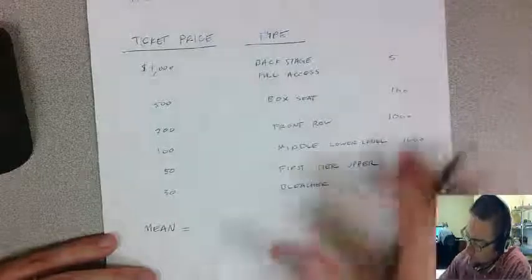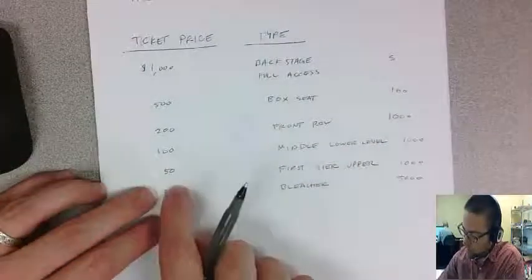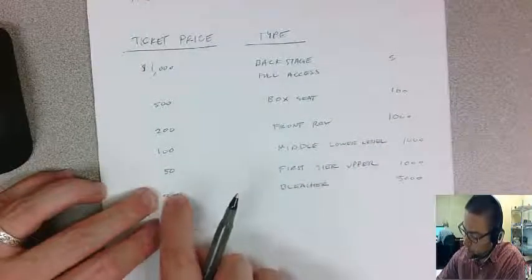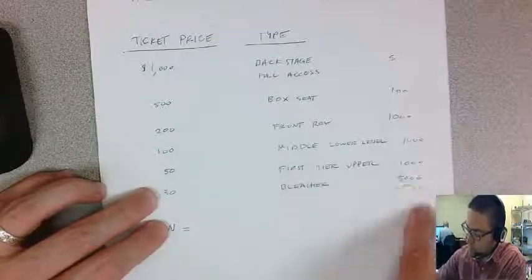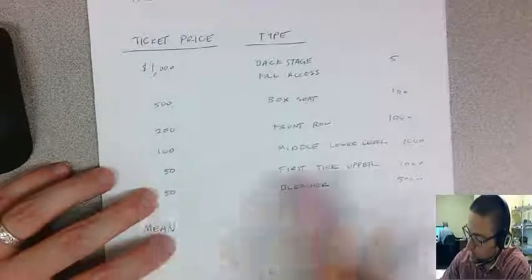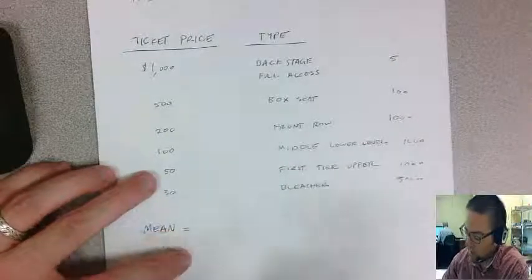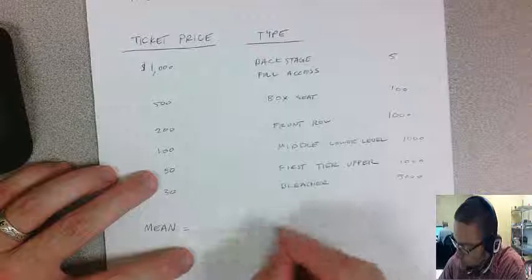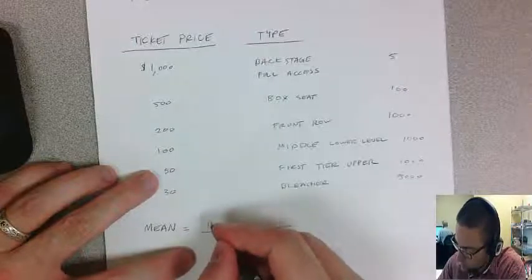So you take all these numbers and you say, I'm going to count this $30 5,000 times. So you take this whole list, you multiply this times this, and you get a number that represents all of them.